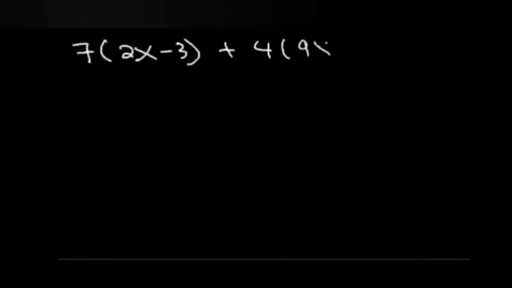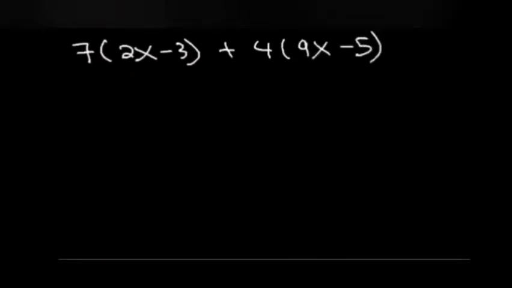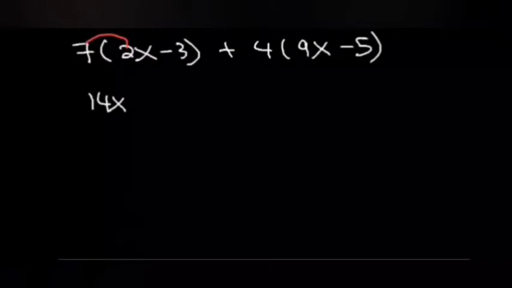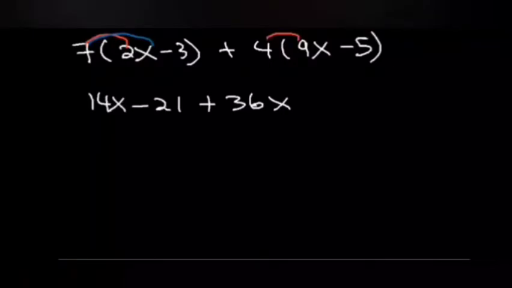Take one more example. We have 7 open bracket 2x minus 3 bracket close plus 4 open bracket 9x minus 5 bracket closed. Now open the brackets: 7 multiplying 2x gives us 14x, and 7 multiplying minus 3 gives us minus 21, plus 4 multiplying 9x gives us plus 36x, and 4 multiplying minus 5 gives us minus 20.